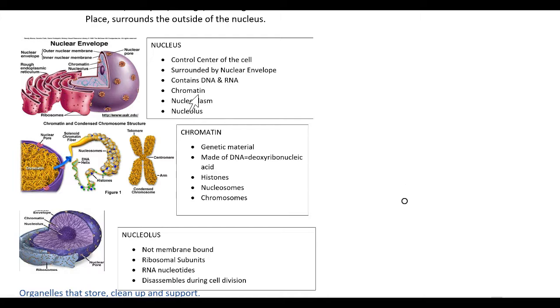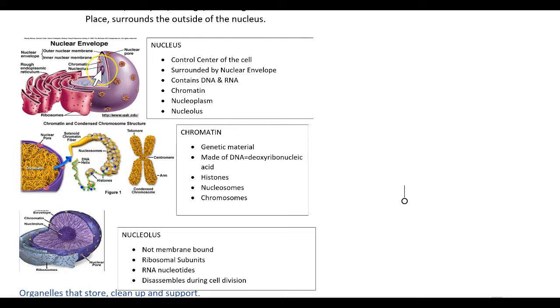So during just natural parts of the cell's life, the genetic material will be in this long thread-like material. Down here in this picture, the chromatin kind of looks like ramen noodles, kind of spaghetti-like. It's non-distinct. And we'll talk more about the structure of the chromatin in just a few minutes.